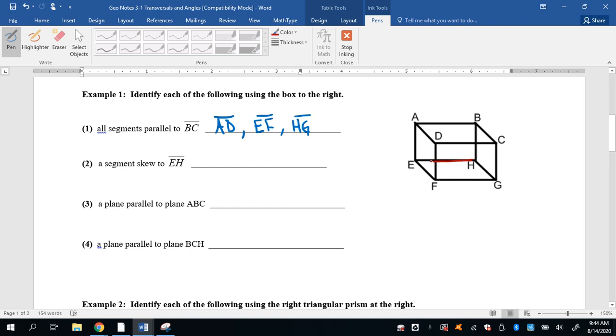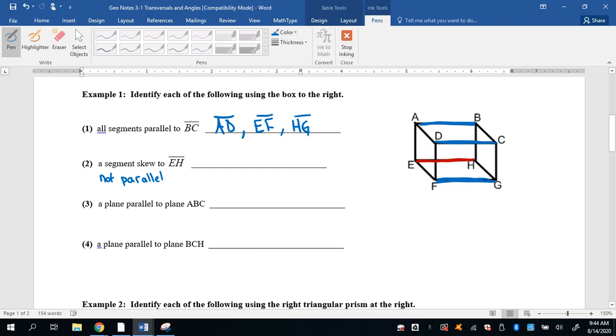Now, if it is skew, that means it is not parallel. So I am going to mark all of the non-skew segments first. What's left will be skew. So if a segment is skew, it cannot be parallel. So what is parallel? Parallel to EH is FG, DC, and AB.